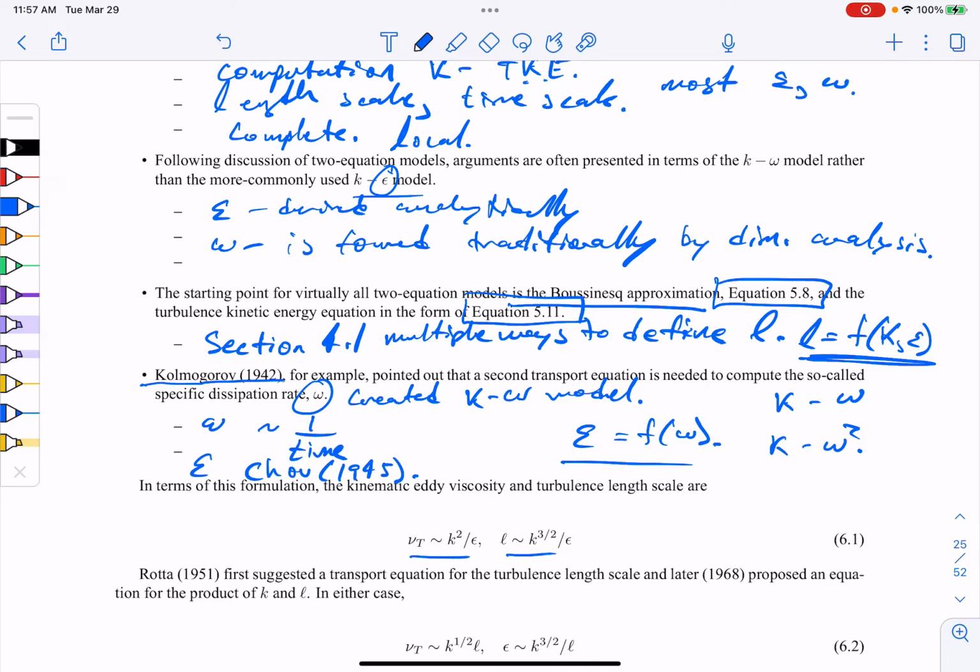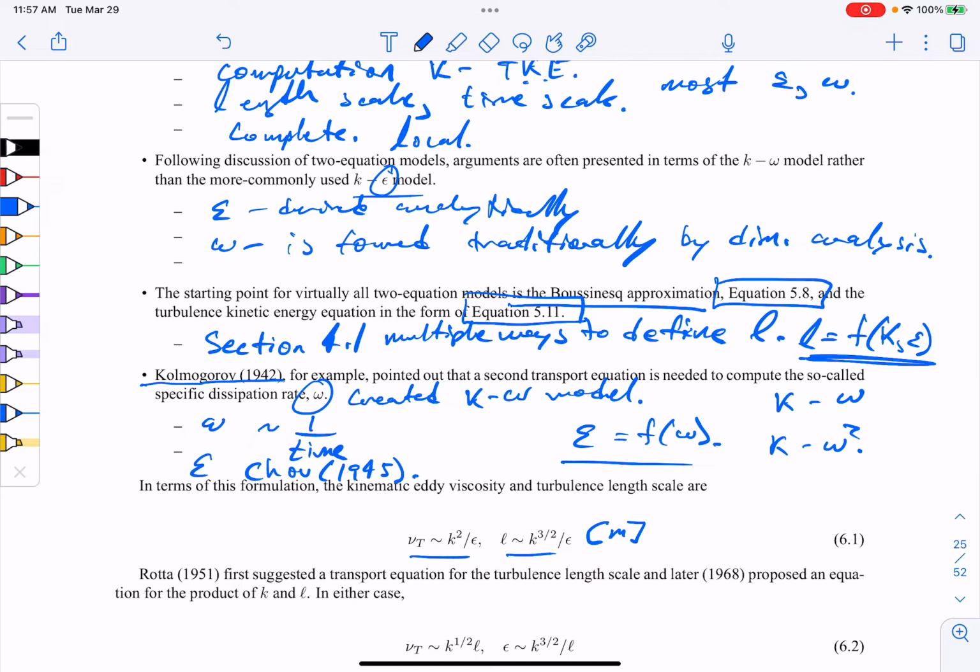So if you have a steady RANS solution, you don't know anything about the length scale whatsoever. But you can estimate it, at least some kind of length scale. It's not necessarily an integral scale or a microscale or a Kolmogorov scale. It just goes as k to 3/2 over epsilon, and of course that has the dimensions of meters if you're in SI. And so that's one thing.